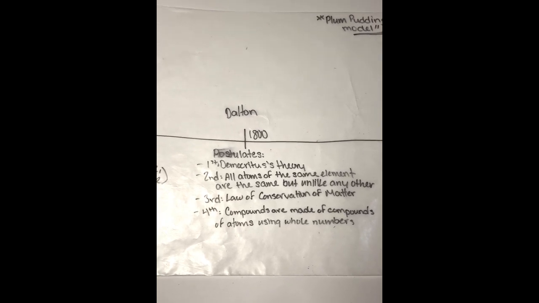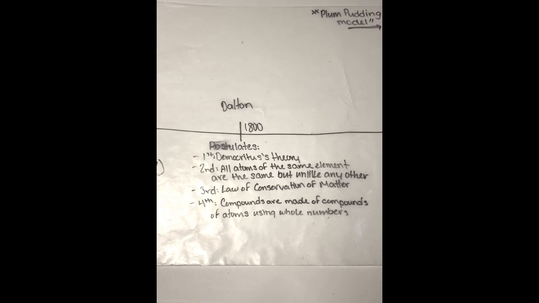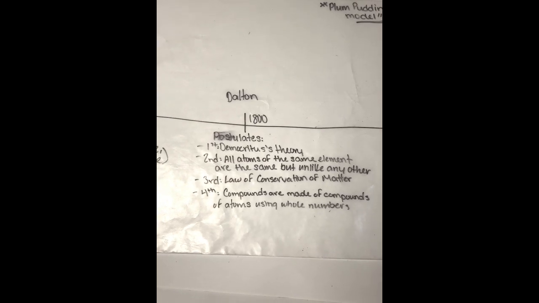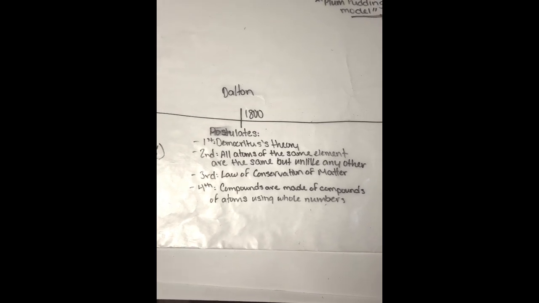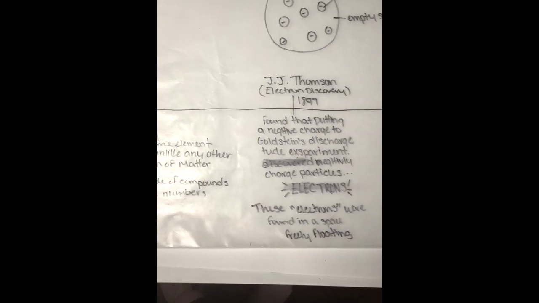The third is the law of conservation of matter. And the fourth is that compounds are made of atoms combined using whole numbers. And this helped atomic theory by creating laws to help shape ideas and the foundation of how people see and use atoms scientifically.